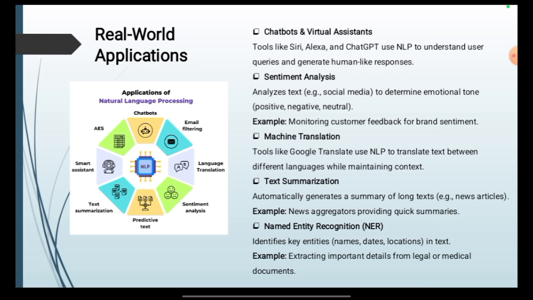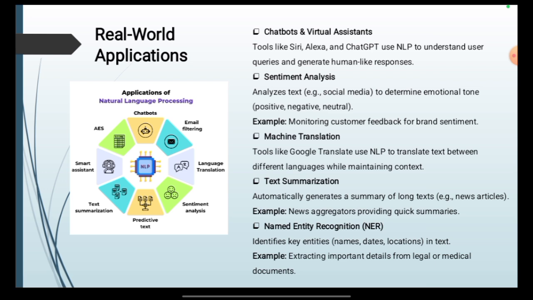Machine translation tools like Google Translate use NLP to translate text between different languages while maintaining context and accuracy. Text summarization generates a concise summary of long texts, such as news articles, enabling quick access to key information.